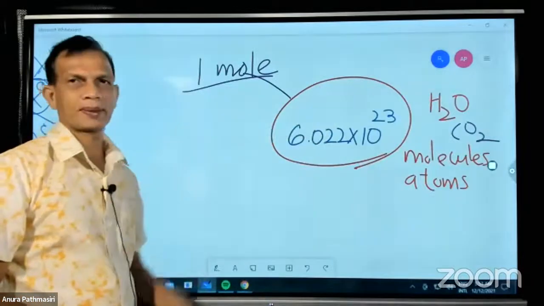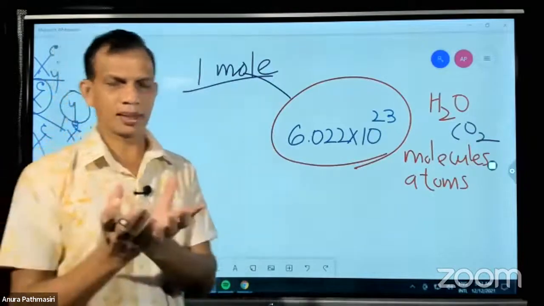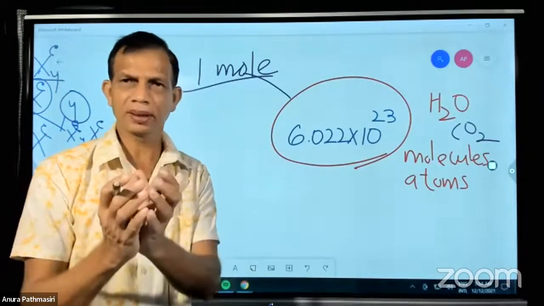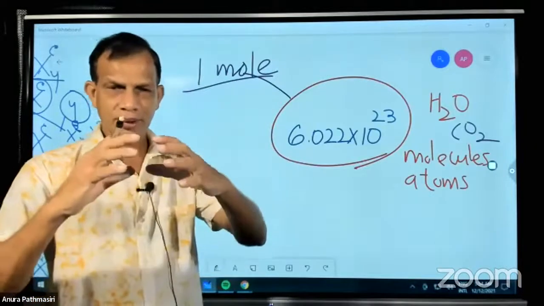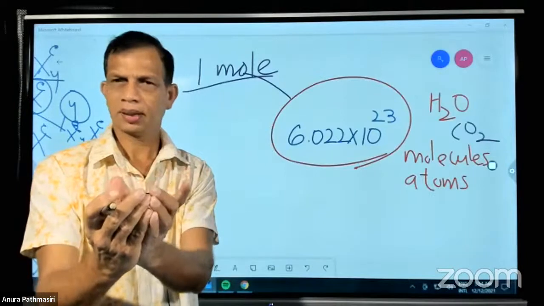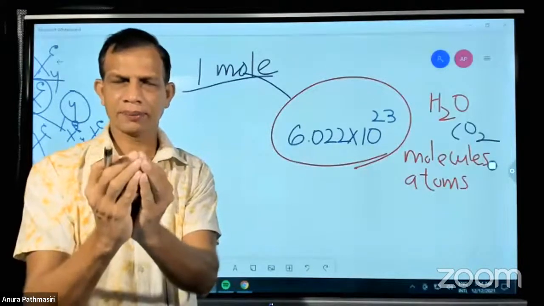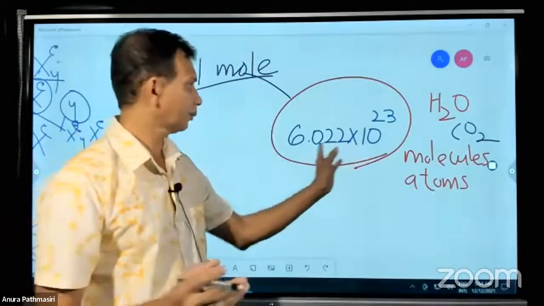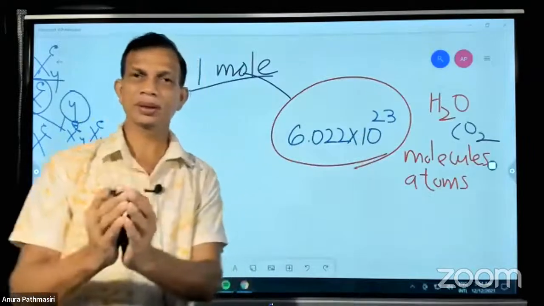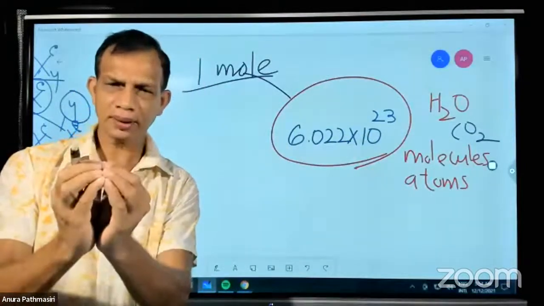You have to consider the mass of something. If the number of particular molecules is 6.022 times 10 to the power 23, there you have 1 mole mass.